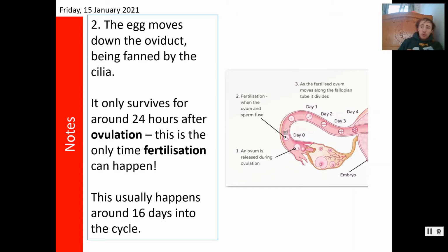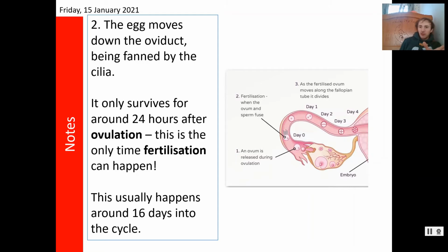Now, eggs do not live very long. They only survive for about a day or two after ovulation. And if you think about it, that's the only time you can possibly get pregnant. As a woman, the egg has to have been released for it to get fertilized. Otherwise, if it's in the ovary, it can't get fertilized.